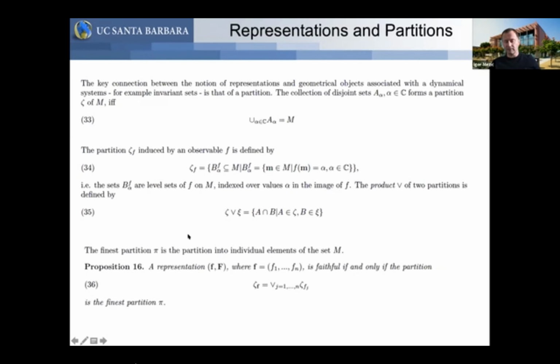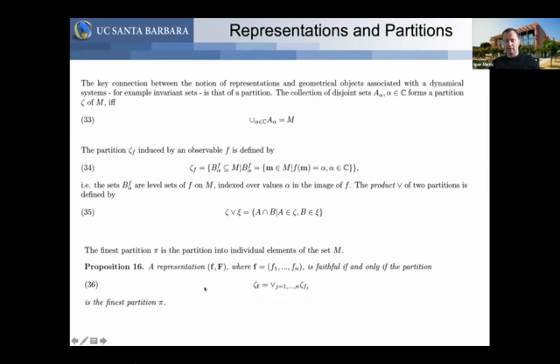And so here is a nice relationship between the geometric notion of partitions, those are sets on the state space, and a representation, which is, as we saw, an operator theoretic notion. The representation is defined essentially through the action of the Koopman operator on functions.